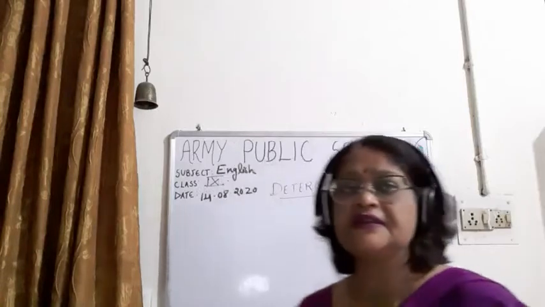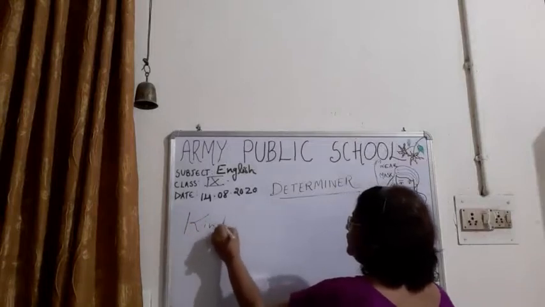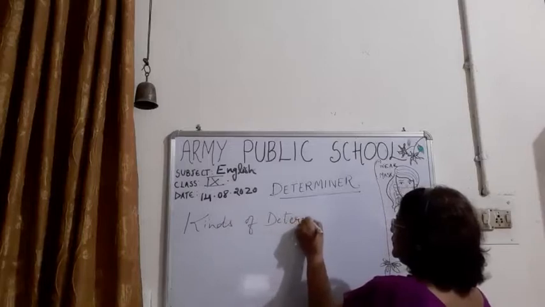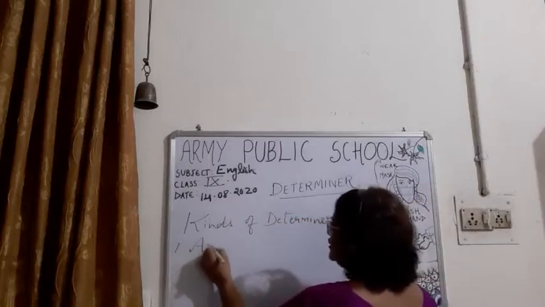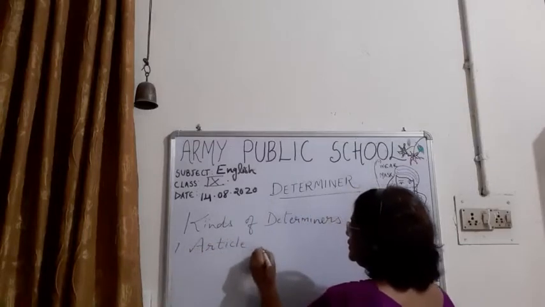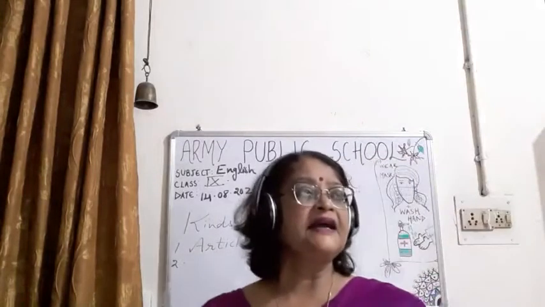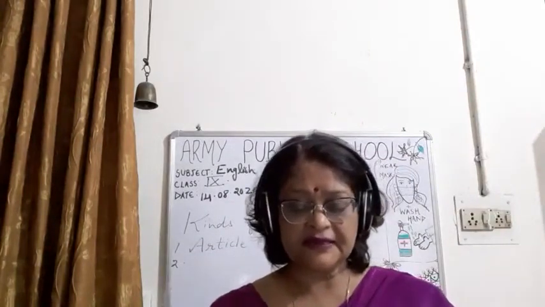And I am going to write the kinds of determiners. So first is article, children. I think you know a and the, we have already studied in the article.